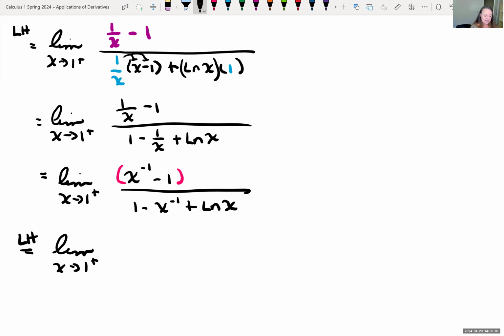The derivative of x to the negative 1 power is negative x to the negative 2 power. Derivative of a constant is 0. Derivative of a constant in the denominator is 0. Let's bring down our power: negative 1 times the negative in front is positive 1, x to the negative 2 power, plus the derivative of the natural log of x, which is 1 over x.